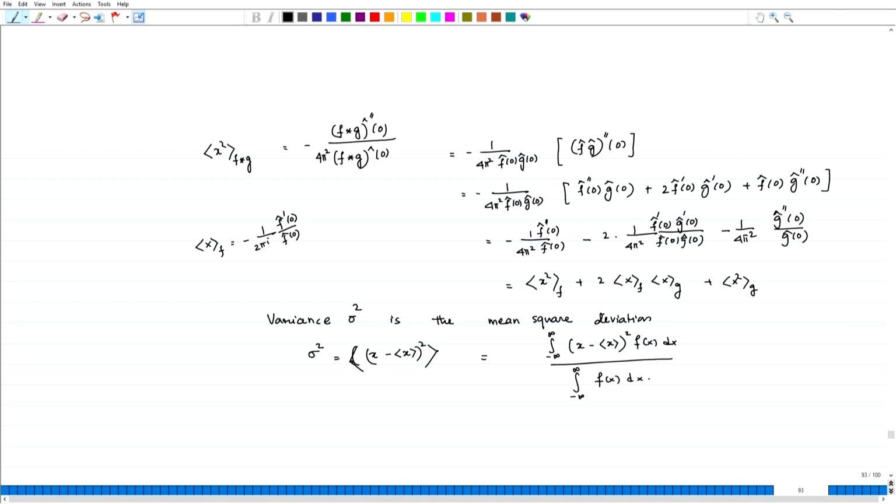So, let us now look at what is going to be the variance in terms of f convolution g.